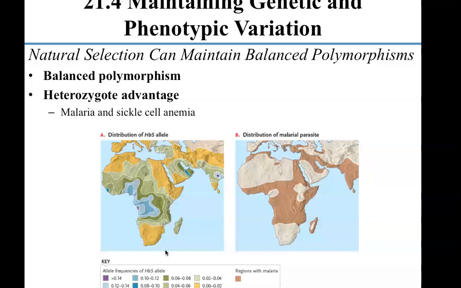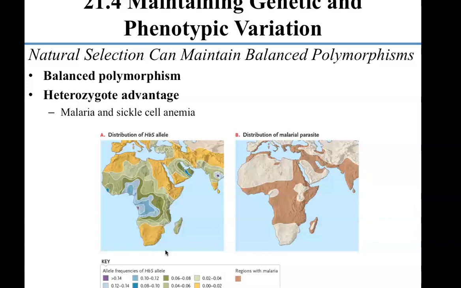And so what's happening is natural selection is preserving balanced polymorphisms when heterozygotes have higher relative fitness. So in other words, if a heterozygote has greater fitness than homozygotes, then the heterozygotes are going to be selected for by natural selection, and therefore they're going to keep more heterozygotes around, and when the heterozygotes breed, they're going to create individuals that are homozygous dominant, heterozygous, and homozygous recessive.